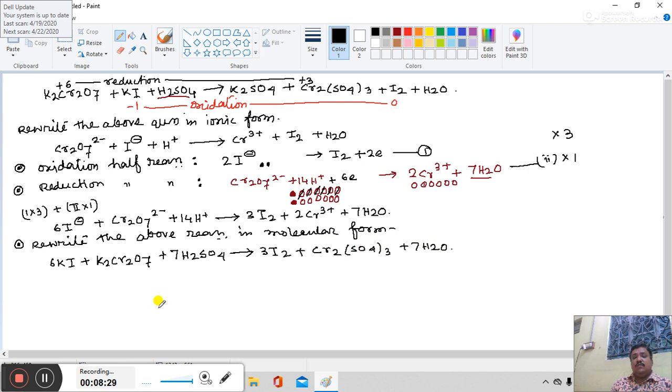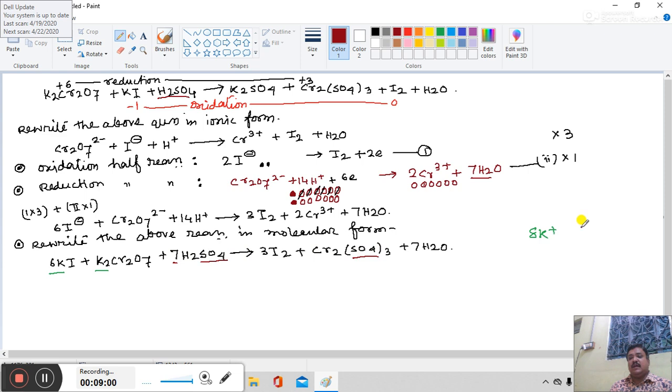In this state, we see that on the left hand side there are a total of 8 potassium cations, 6K and 2K. These 8 potassium cations are in excess on the left hand side. Not only potassium cations, there is also an excess of sulfate ions. On the left hand side 7 sulfate ions are present, and on the right hand side 3 sulfate ions are present.